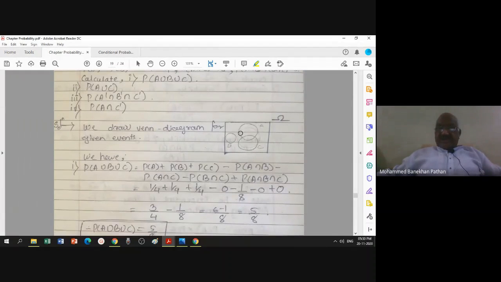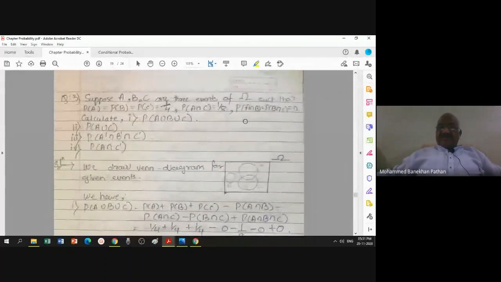This is the circle of A, this is the circle of C, and there is a common part. And this event B will be separate. No common between A and B, no common between B and C. So from this example, we learned how to draw the Venn diagram for given information. I think everybody is clear.